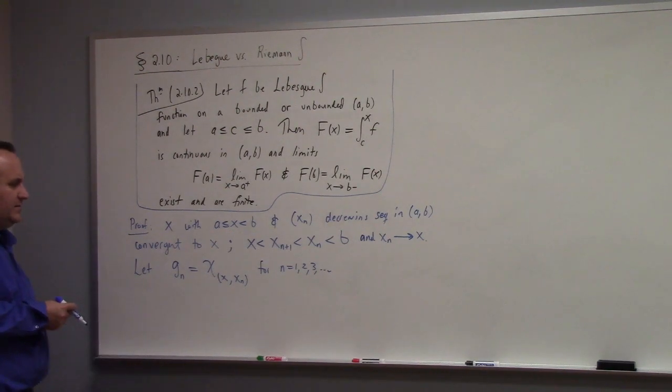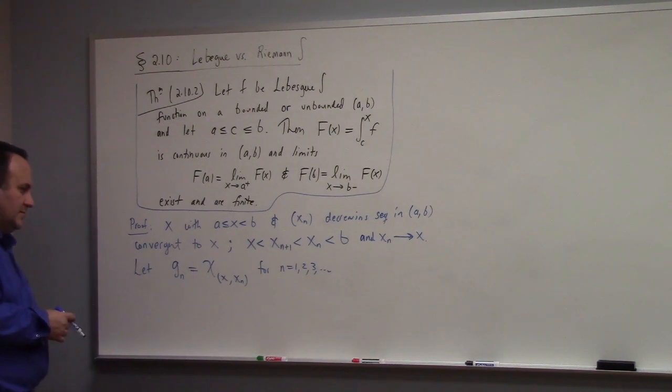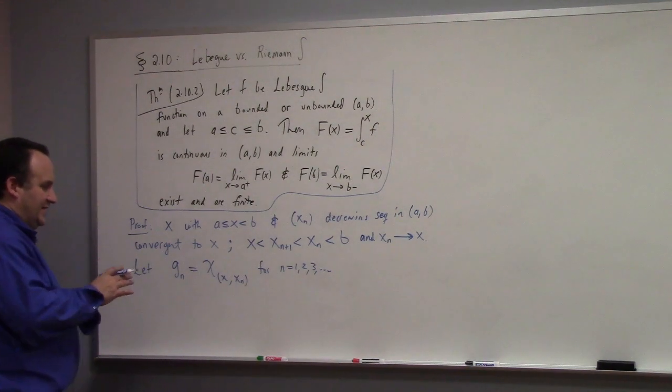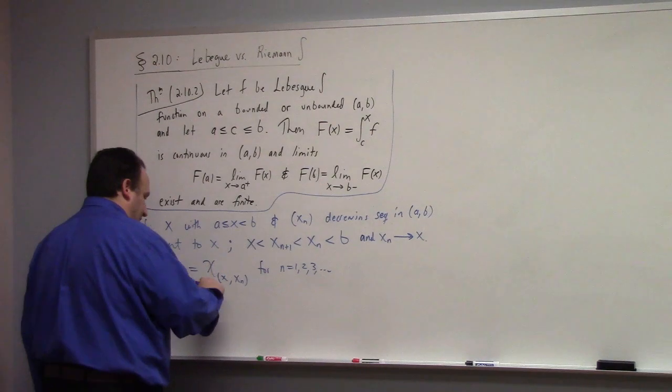So what's going on here? Those are step functions, close to, setting aside the issue of the endpoints, I mean, fine.